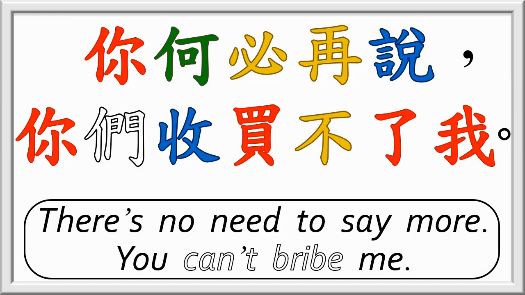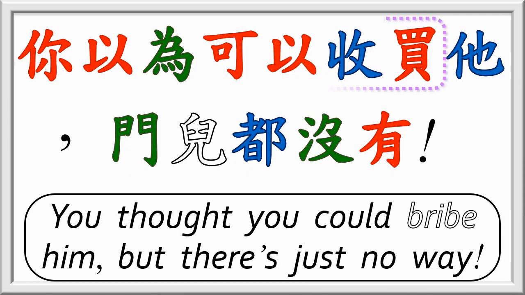You can't bribe me. 你以为可以收买他，门儿都没有。You thought you could bribe him, but there's just no way.